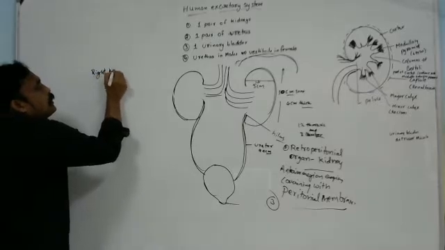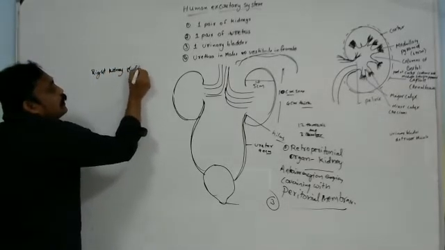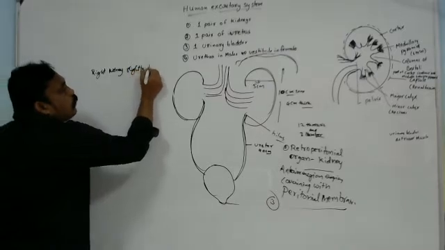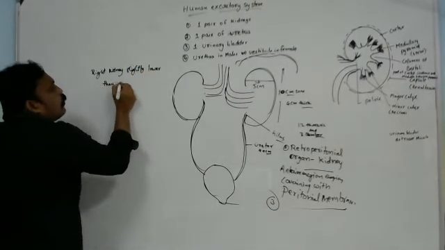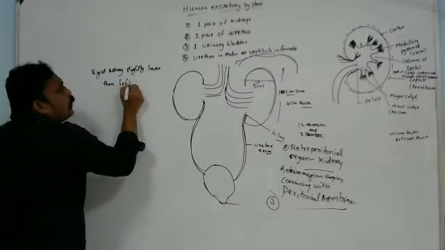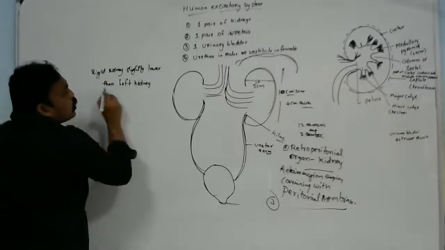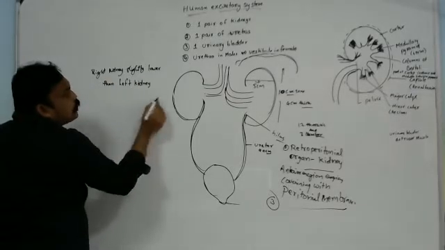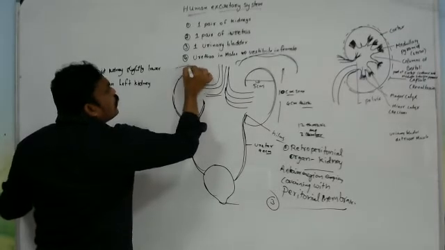The right kidney is slightly lower than the left kidney. Why? Because above the right kidney, the liver is located.